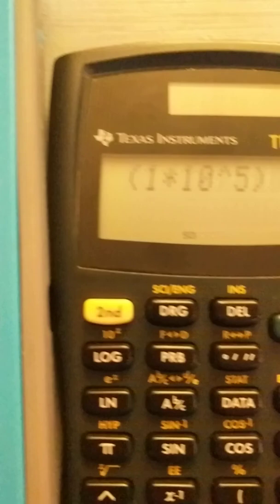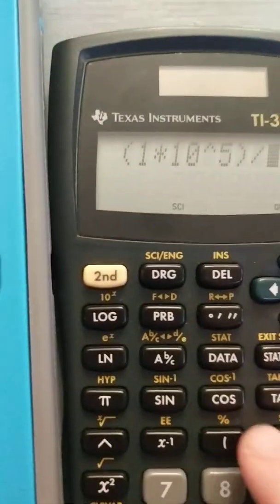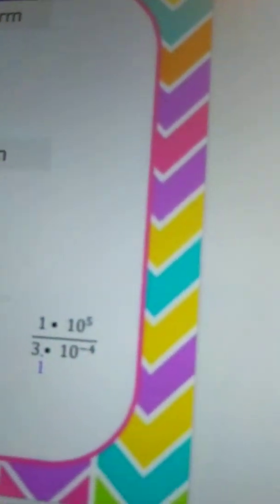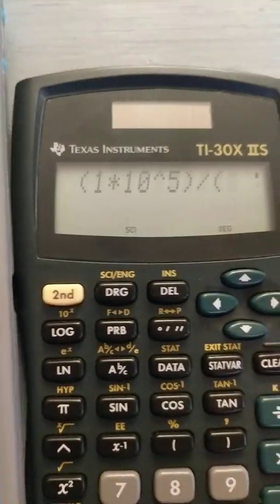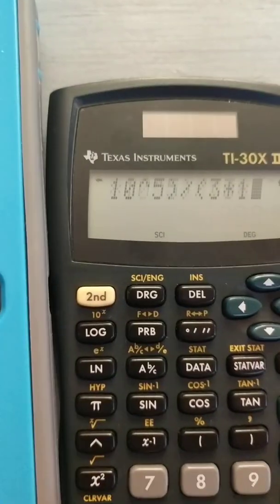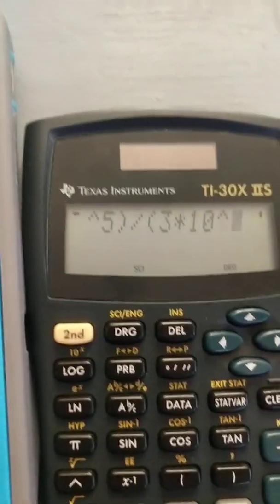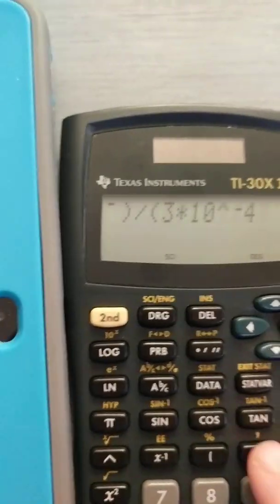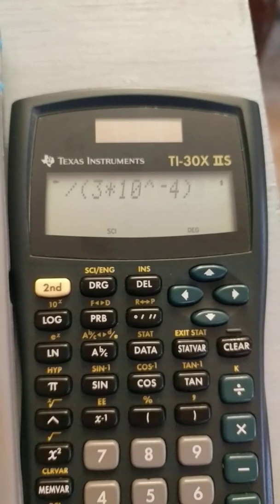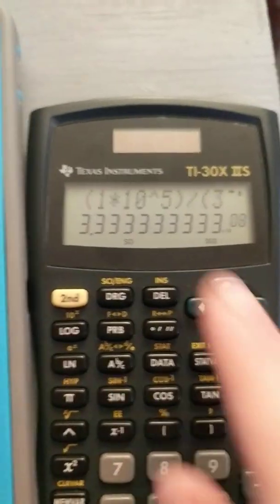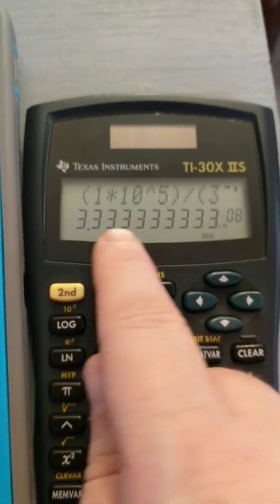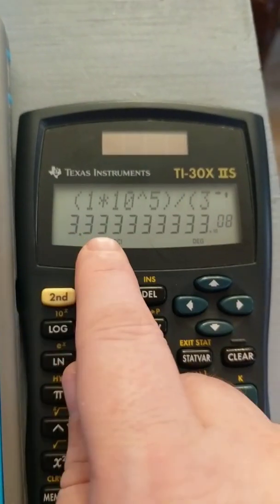Now I'm going to put my divide, and then I'm going to put this 3 and 10 raised to the -4th also in parentheses. So 3 times 10 raised to the -4th power. I'm going to close my parentheses and hit enter. Now this one here, you're just going to round this since it's 3, you just keep repeating it. It's just going to be 3.3 times 10 to the 8th power.